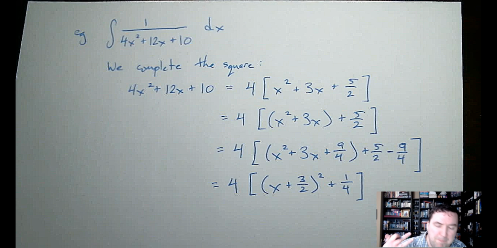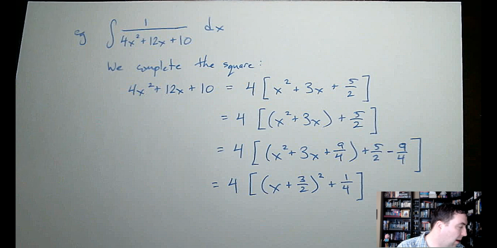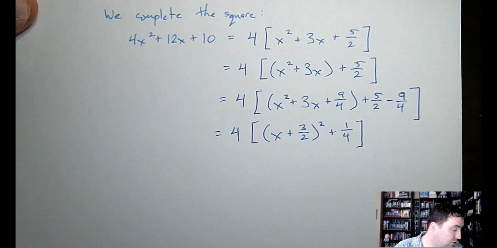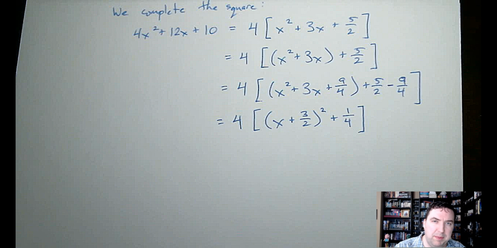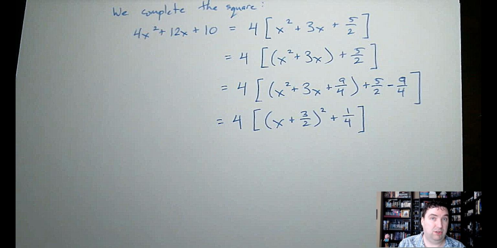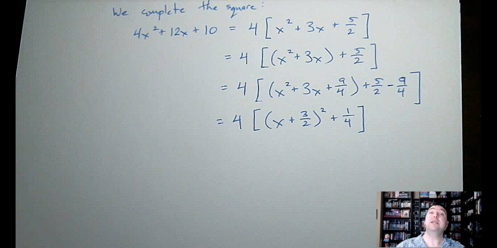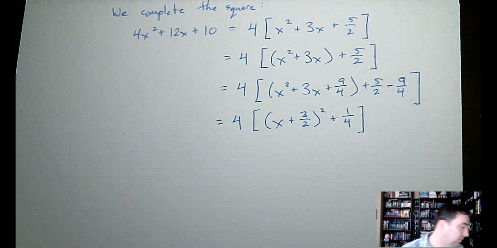And it's not that that's a bad thing, but fractions do naturally tend to lead towards a bit more frequent computational error than integers do. So something that we need to be a little bit careful about, because this is also going to be a source of potential error, but can frequently give us nicer numbers in the end to work with when we actually go to integrate, is to multiply that 4 back in.